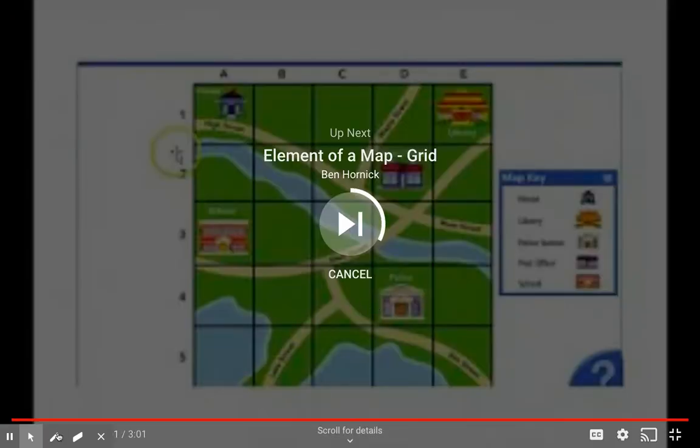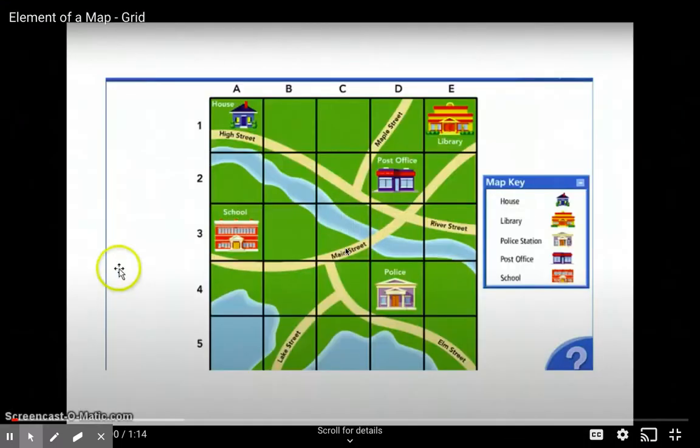All right, boys and girls. So in that map grid, you were able to find where things were just by looking at the numbers and letters that were on the top or on the bottom. So Miss Horton's going to show you this one real quick. This one has the numbers on the side and it has the letters up top. This is kind of like the work that we're going to be doing here in a minute. So the reason that we use a map grid is so we can find a closer location to where something could be.